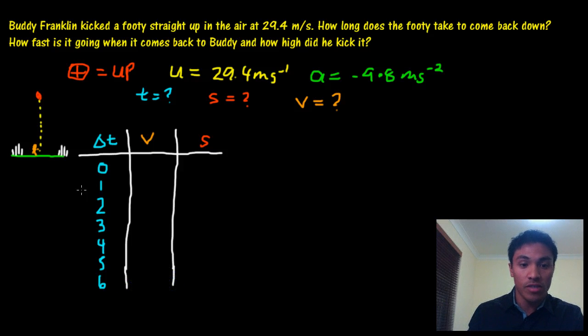So first off, let's actually find out how we figure out final velocity. Final velocity, we know that final velocity, let's do that in orange. Final velocity equals the initial velocity plus at, v equals u plus at.